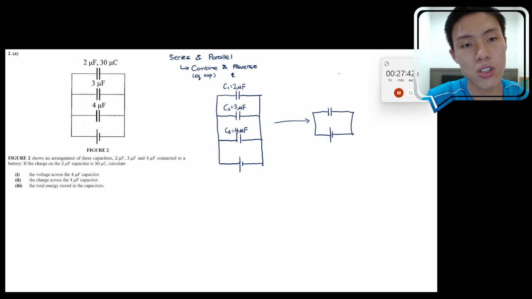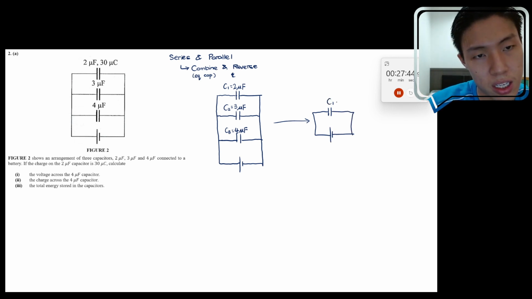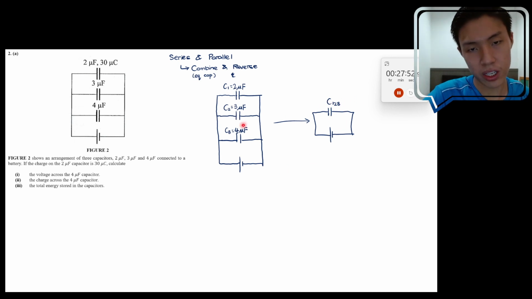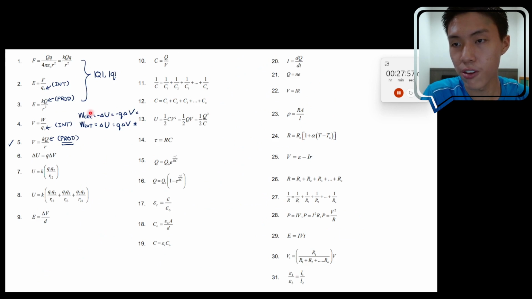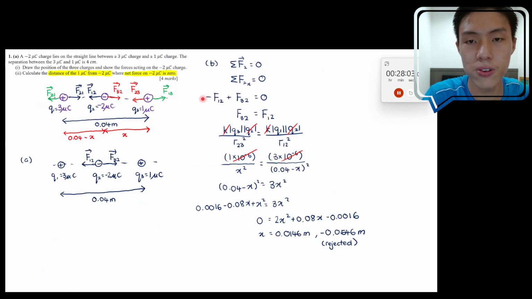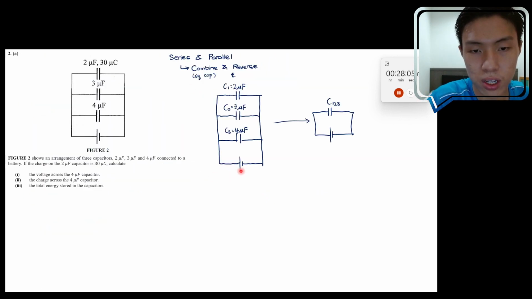Because you combine everything, this one will be called C123. Every time you combine, just combine the subscripts. Here the subscripts are 1, 2, 3, so you call it 123. Since it's parallel, we know from the equation that you use normal addition. This equation is for series, this equation is for parallel. So let's go.